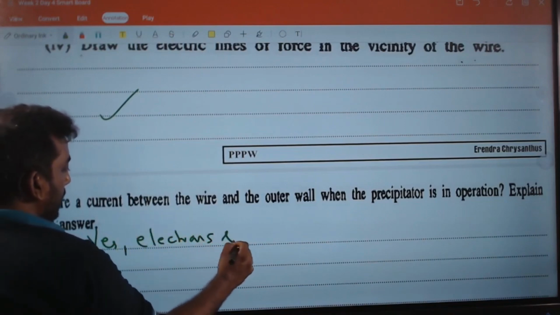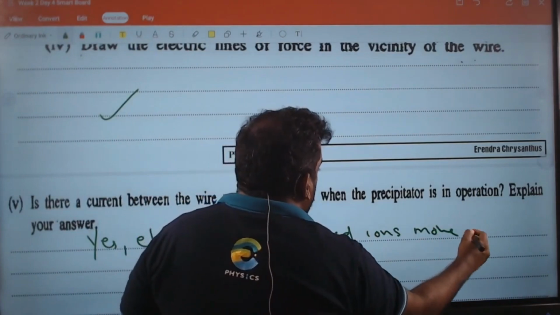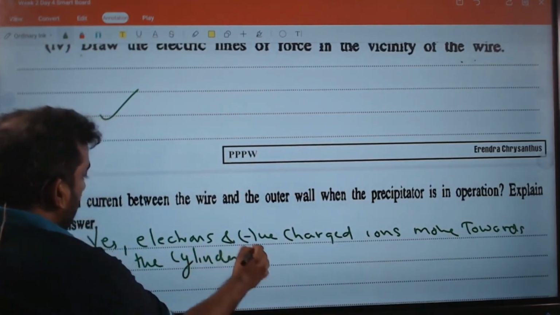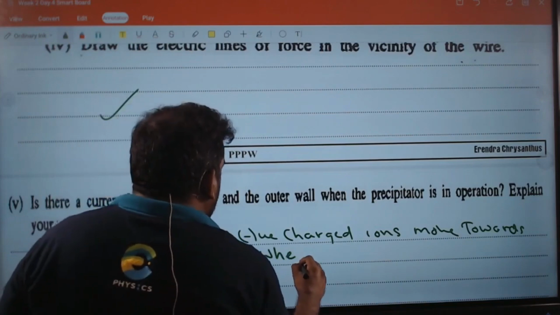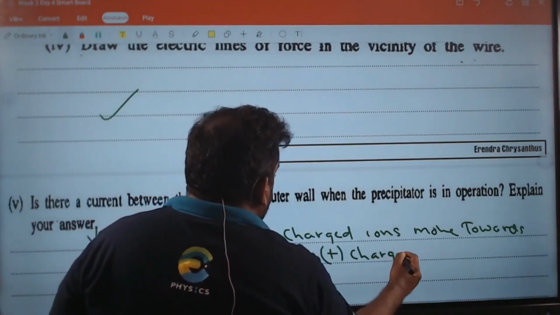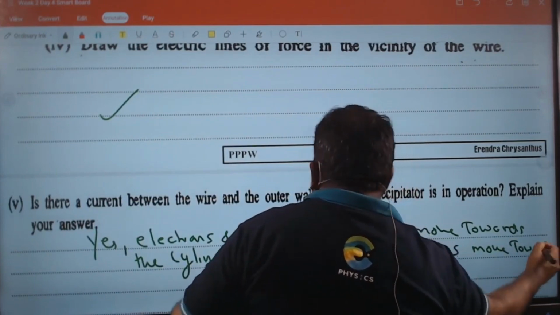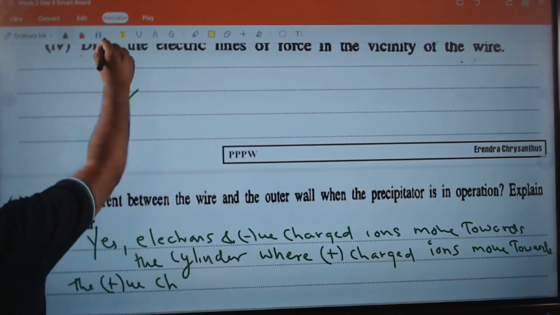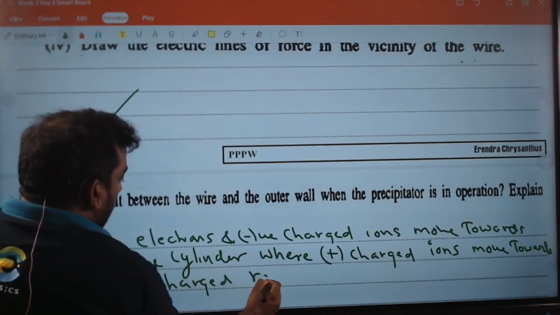Electrons and negative charge ions move towards the cylinder, while positive charge particles will travel towards the wire, the negative charge center.